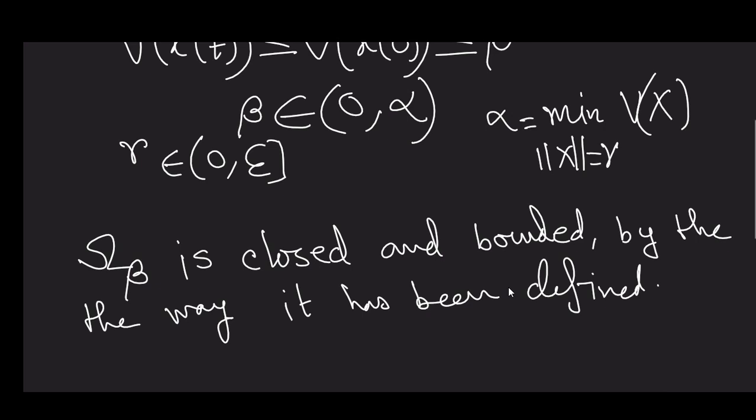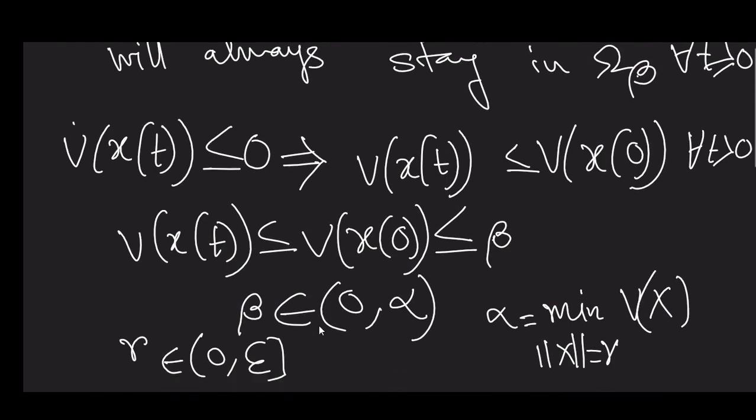So that is very important. That is why it is bounded, and obviously this set is closed because the maximum value of beta and the minimum value of beta are included in it. So it is obvious that omega beta is closed.